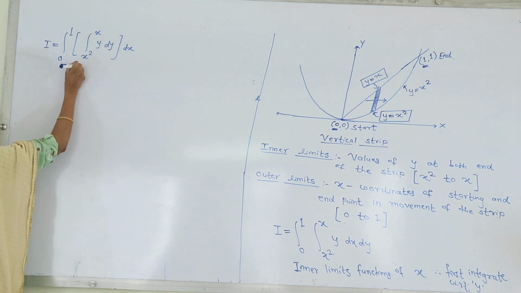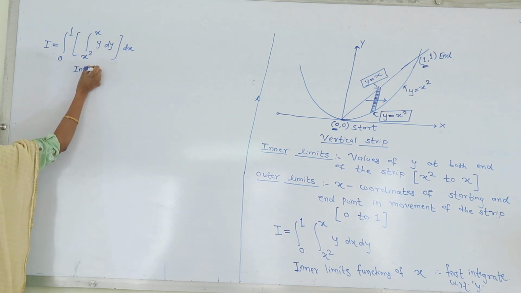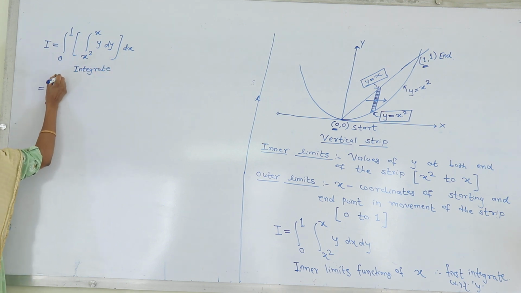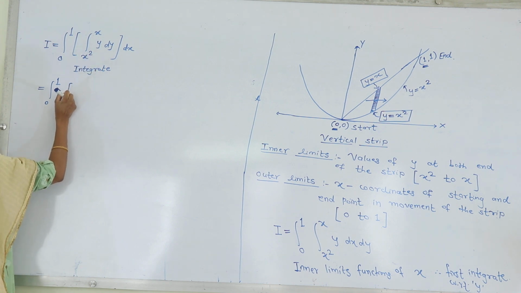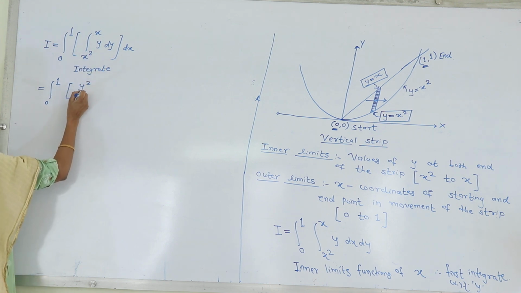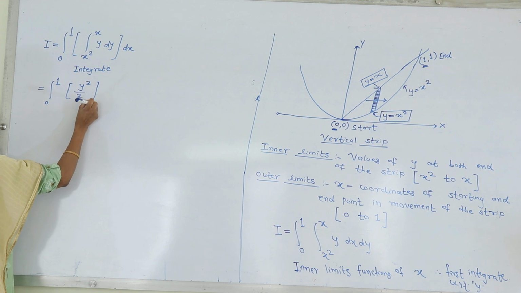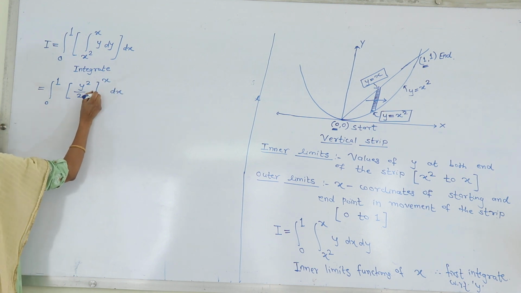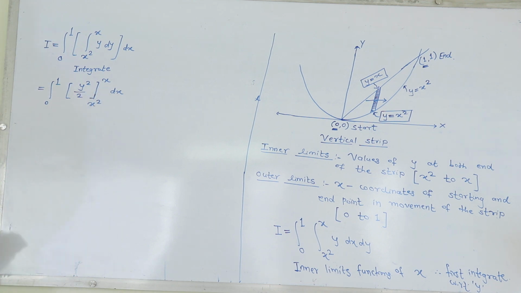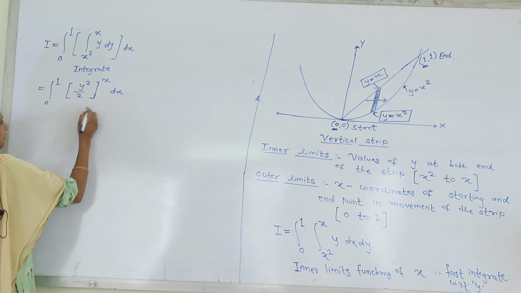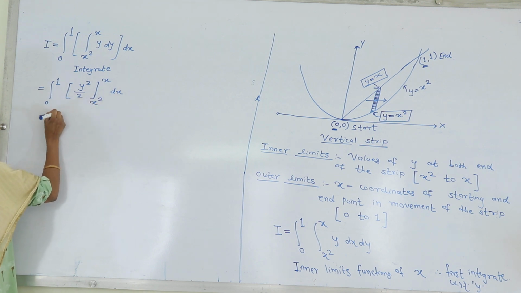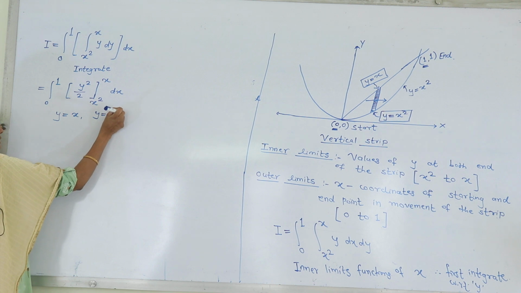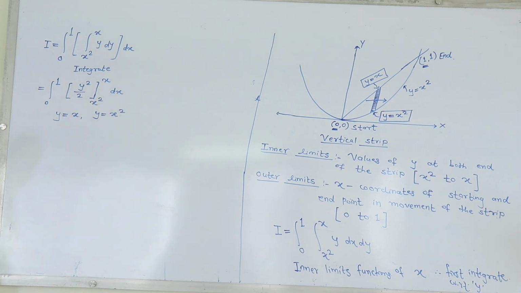Now here integrate the terms only in the bracket. Integration 0 to 1, the integration of y is y square by 2, with limits x square to x, dx. Now put the limits, y is equal to x upper limit and y is equal to x square lower limit.